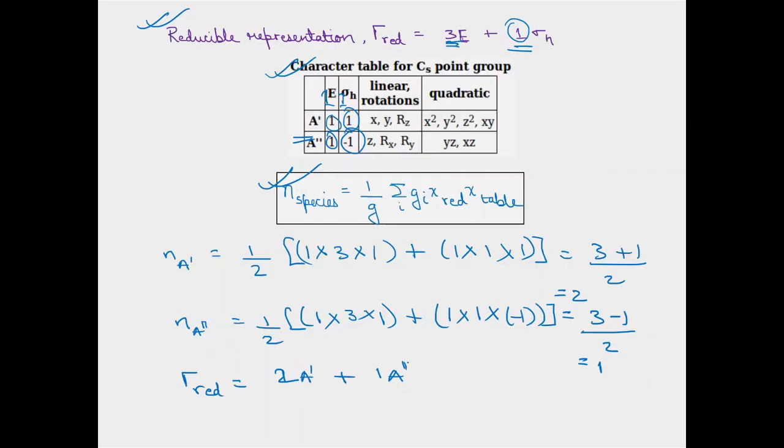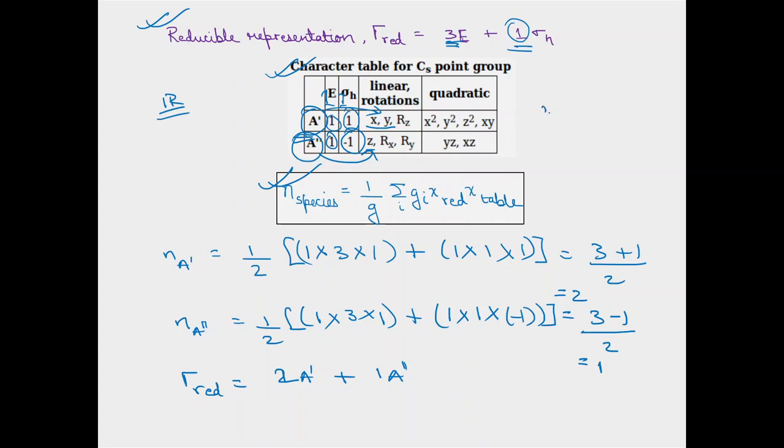Okay. Now the thing is that only those are IR active where it is transforming into, here we can see that A dash is transforming into Cartesian coordinates x and y. Also A double dash is transforming into Cartesian coordinate z.